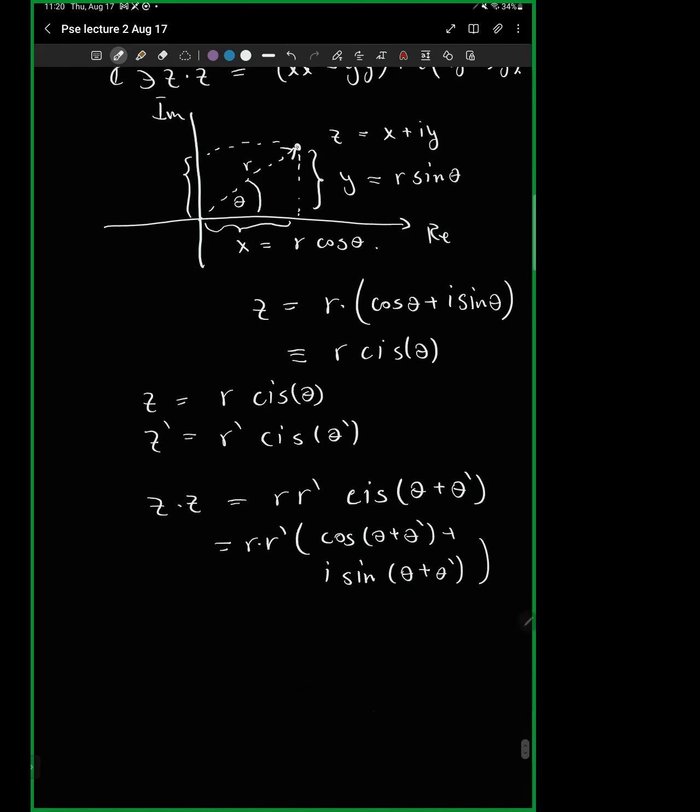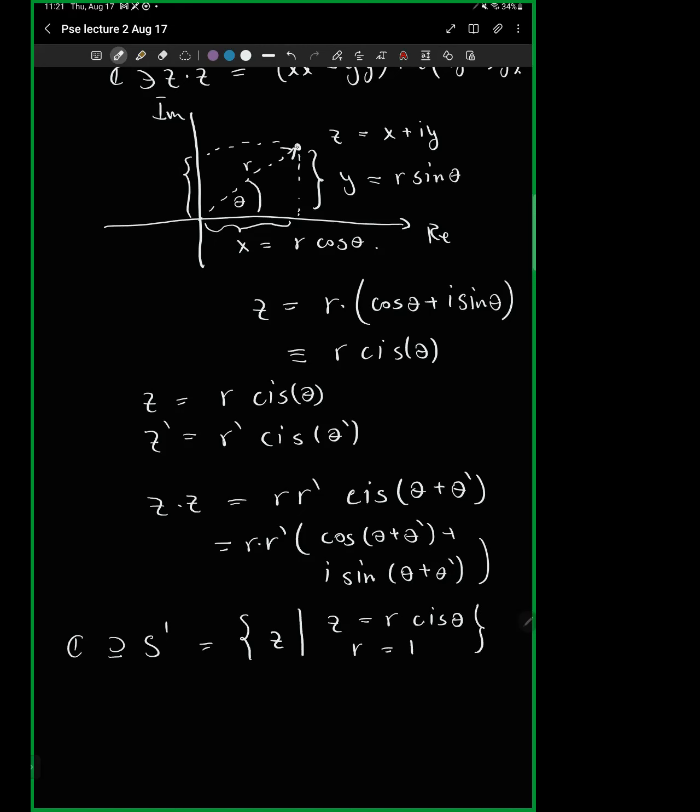Now, inside the complex numbers, there is the so-called unit circle, which is the set of complex numbers z equal to r kis theta, where r is equal to 1.